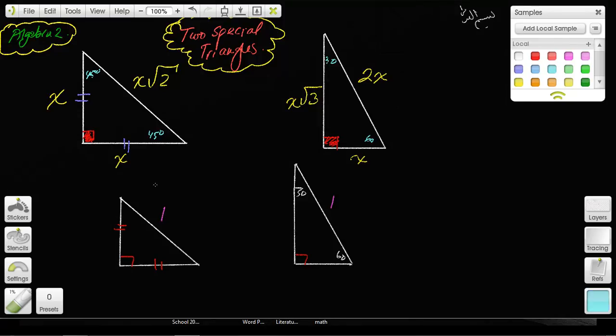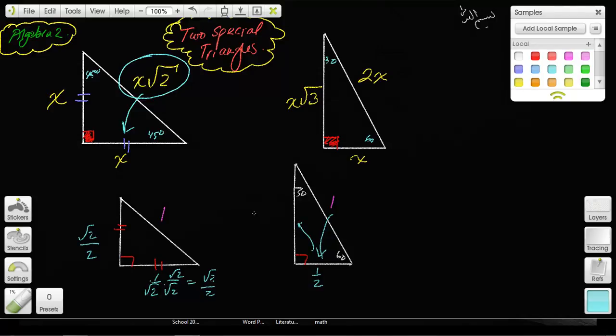To get to this side, we divide the hypotenuse by square root of 2, so this side would be 1 over square root of 2. If you rationalize this, you get square root of 2 over 2. And here, the side across from 30 is half the hypotenuse, so this is 1/2. And this side is going to be x times square root of 3, so this is square root of 3 over 2.